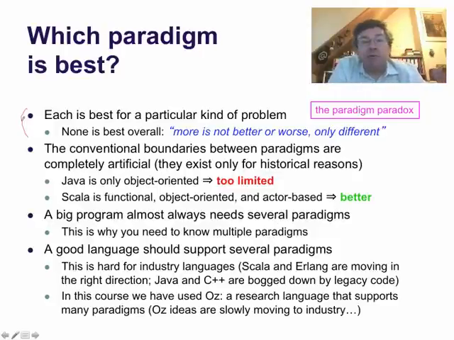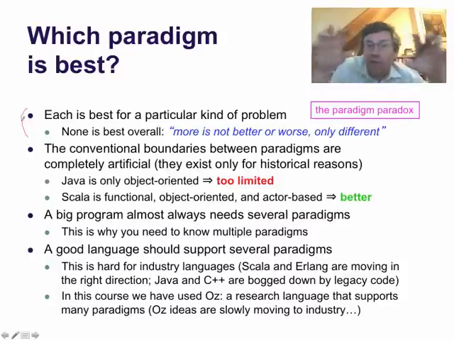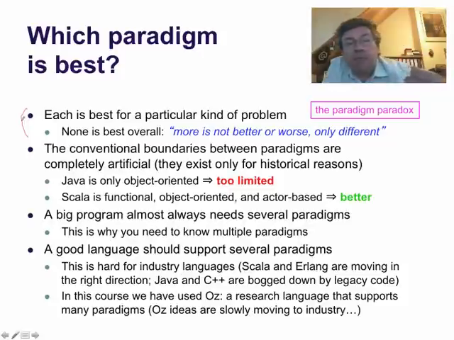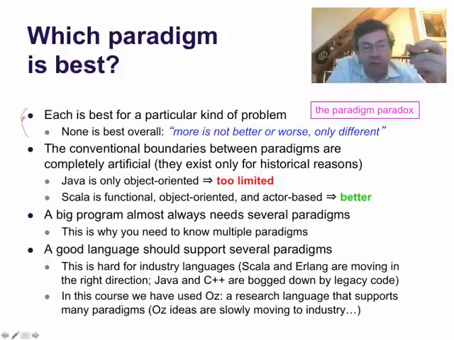And in fact, it's possible to combine different sets of concepts to form new hybrid paradigms if one needs to do several things together. So it turns out that each set of concepts that's embodied by a particular paradigm is actually best for a certain kind of problem.